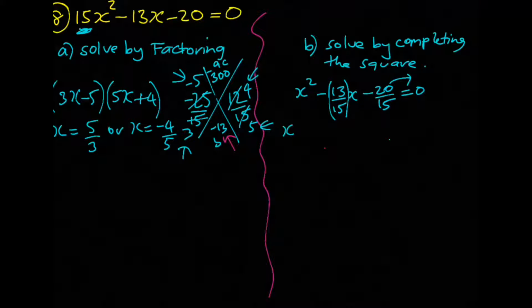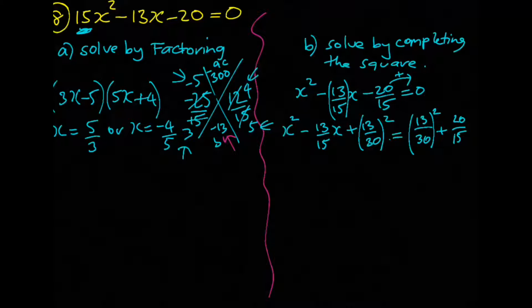So let's go ahead and do that. So we've got plus 13 on 30, because that's half of this value, squared. And we've got to put the same value on the other side to cancel it out because it doesn't belong in the equation. And then we've got the 20 on 15 that comes across as a positive.